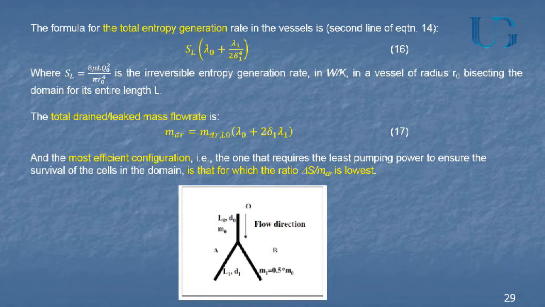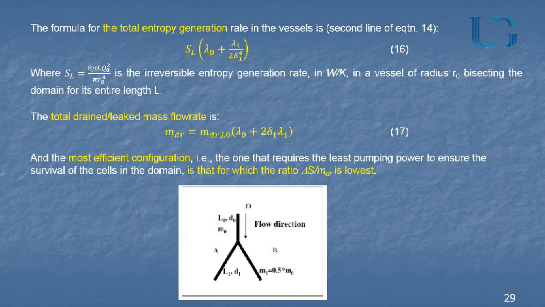So I also normalize that with respect to the mass through an L0, which would be the mass that would be supplied if there was only one branch without splitting of length L, not L0. And I divide this by this, and I say that the most efficient configuration is the one for which this ratio is the lowest.